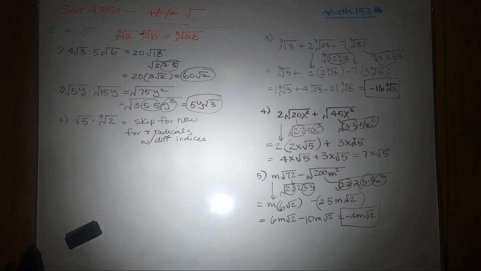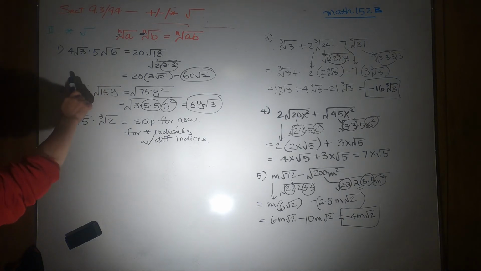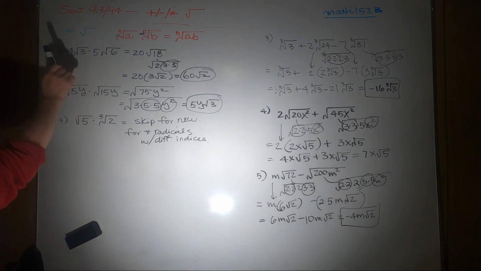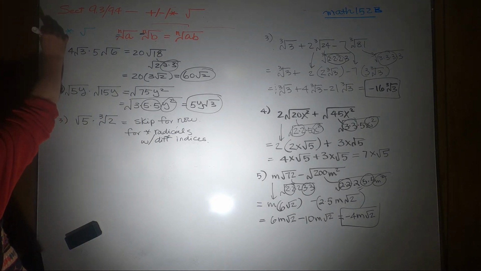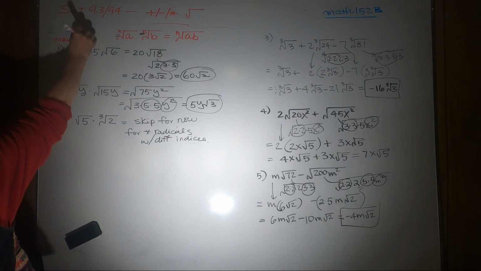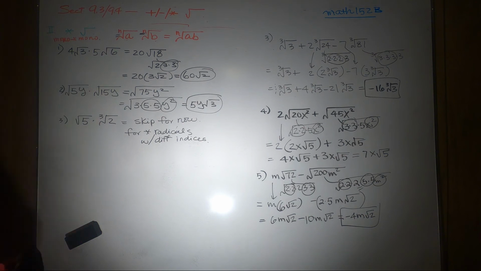Okay? So we are just multiplying radicals from one term times one term, right? So actually, this one is mono times mono, right?